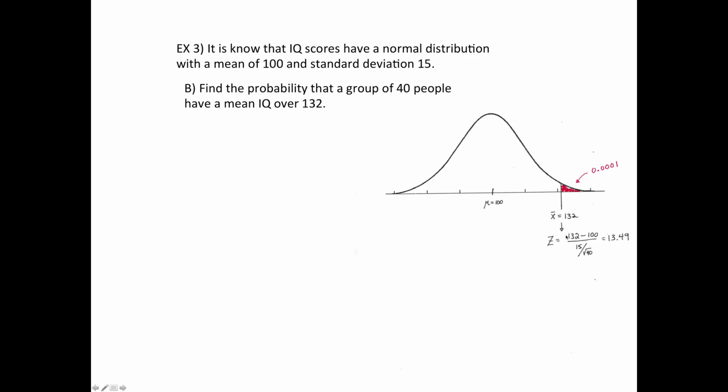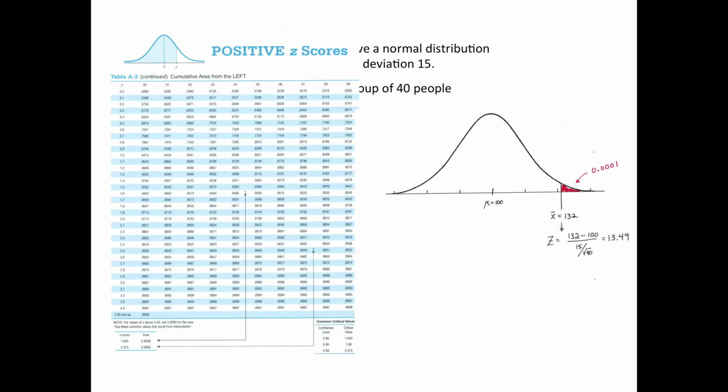When you do this, make sure you put the numerator in parentheses, the denominator in parentheses, and in this case, you would end up with a 13.49. Now, this is the first time that we've run across this in this class. If you look at the table down here at the bottom, it says if you're looking for 3.5 and above, then just use 0.9999.